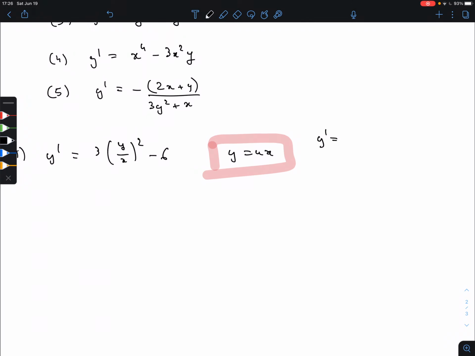We take y prime, product rule, u prime x plus u, derivative of x is 1, and plug it in. So we get u prime x plus u is equal to 3 times, no, y over x is u, 3u squared minus 6. So u prime x is equal to 3u squared minus u minus 6.